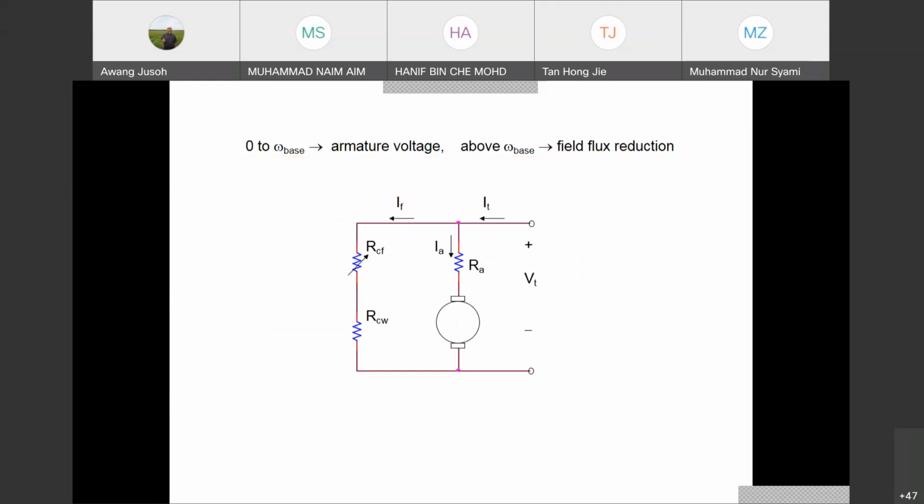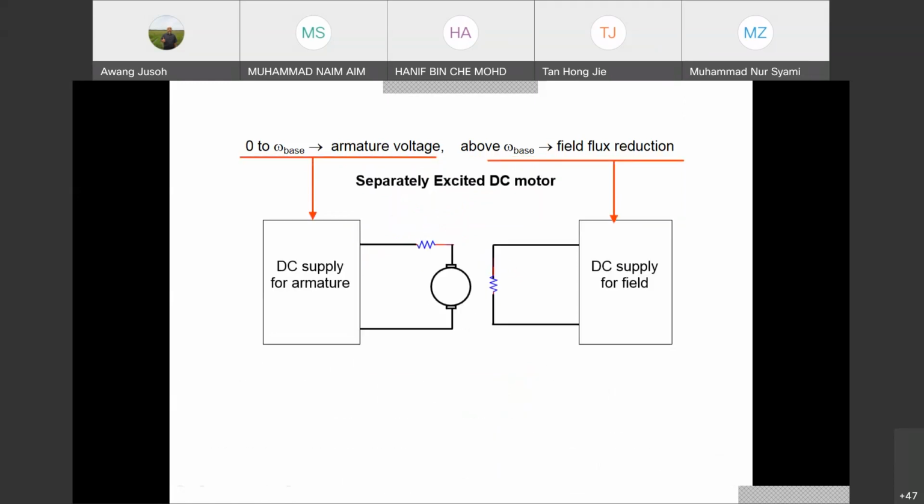That is the problem with the shunt motor. The rest is okay. So basically to solve the problem, we need better speed control. It shows that the best motor is the separately excited motor. This is the best motor for our system to control the speed.